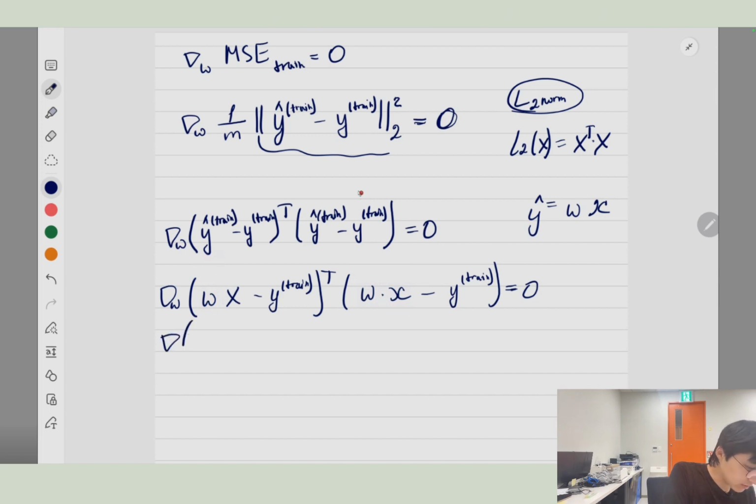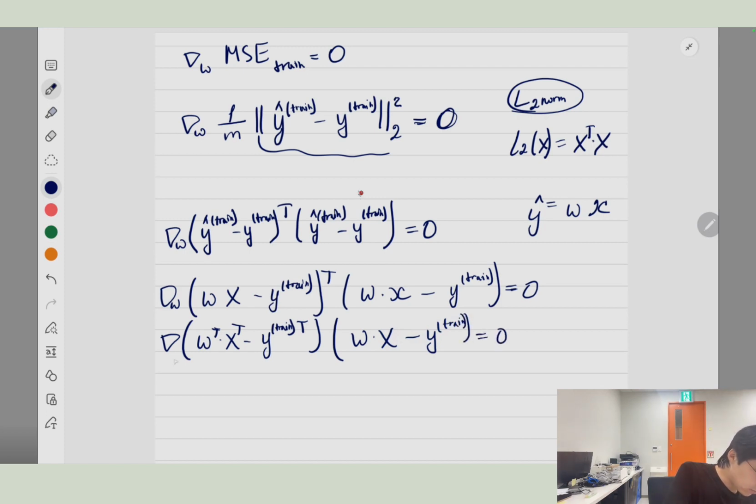Open the brackets, so it will be weight times x minus y train, transposed, times weight times x minus y train, equal to 0.